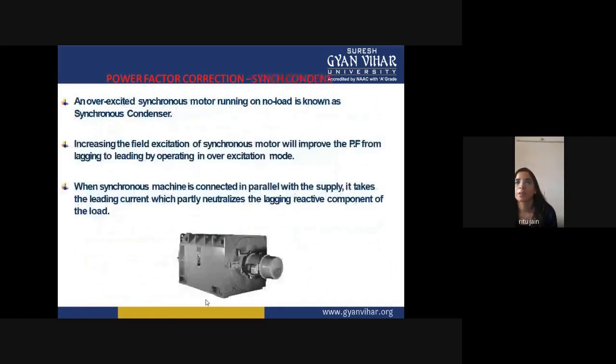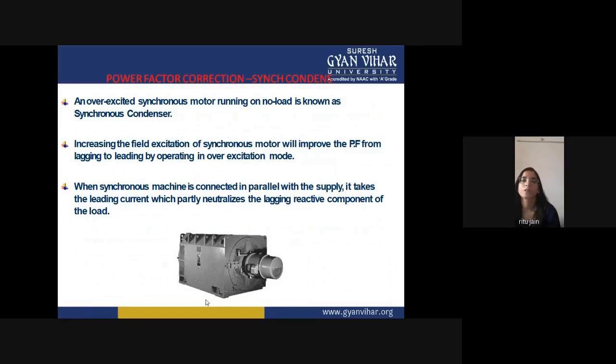The next example is power factor correction by synchronous condenser. Do you know what a synchronous condenser is? We have already seen in our previous slide that an overexcited synchronous motor running on no load is known as a synchronous condenser. If you increase the field excitation of the synchronous motor, it will improve the power factor from lagging to leading by operating in overexcitation mode.